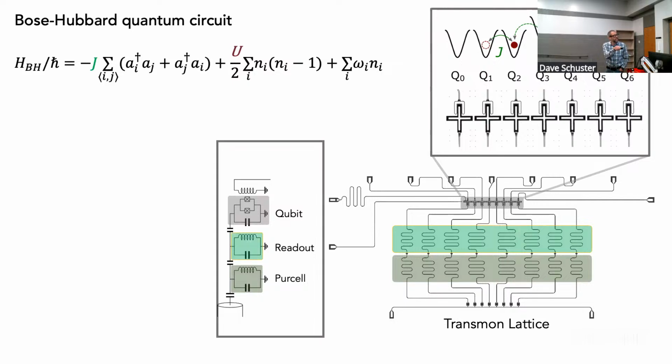This is more of a detail, but there's a filter to prevent things from leaking out. And then we also have these lines up here, and they put a magnetic flux through this loop, which lets us change the frequency of the qubit, lets us tune it. And we're going to take advantage of that.